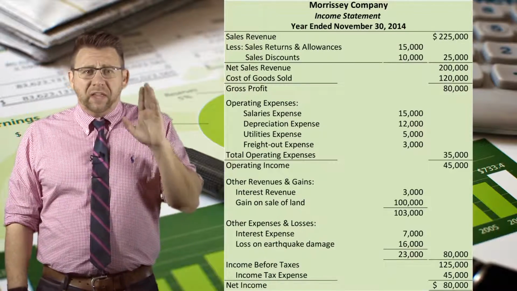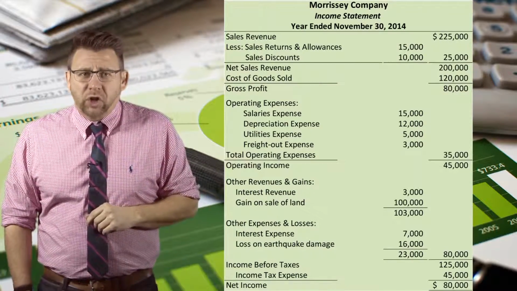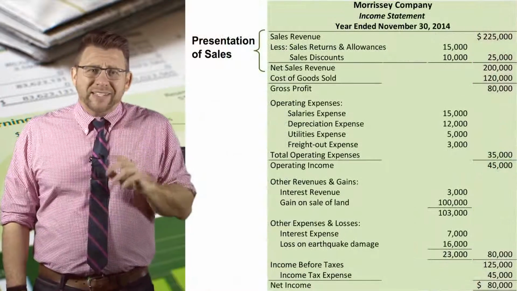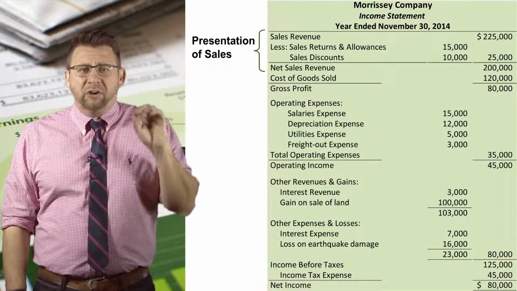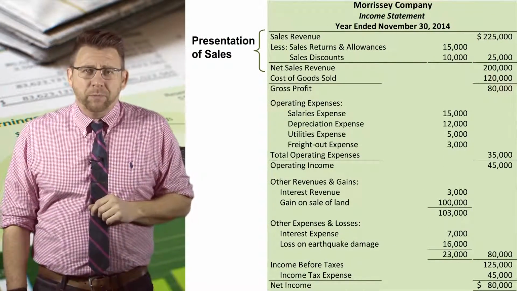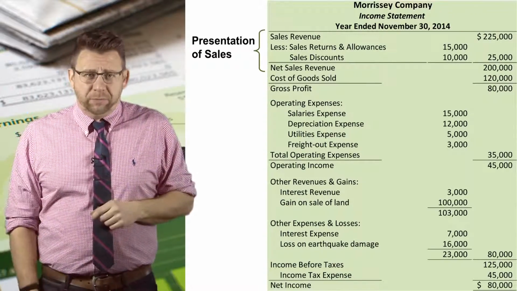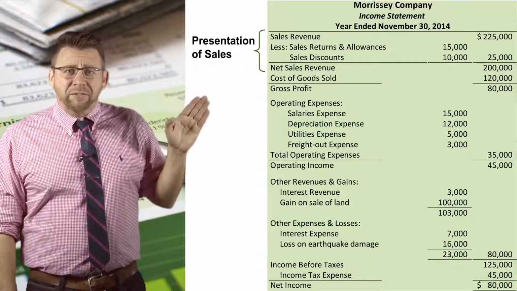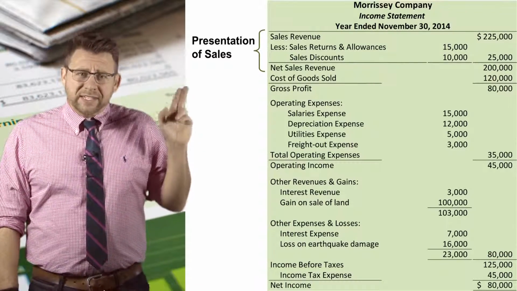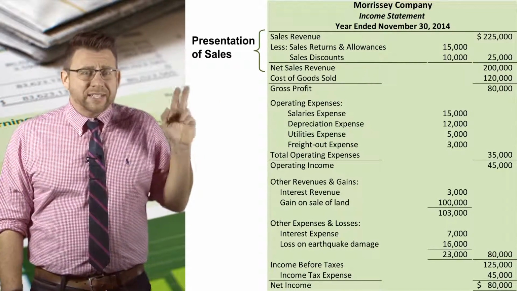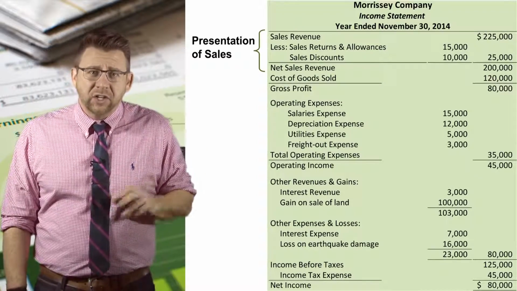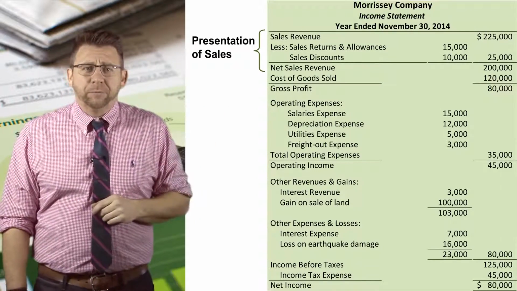Now let's look at the multi-step income statement more closely. The multi-step income statement starts with the calculation of net sales revenue. No other revenue is included in this section. So sales revenue is reported first, then sales returns and allowances and sales discounts are deducted to arrive at net sales revenue.